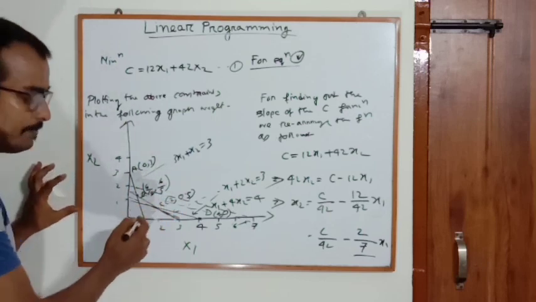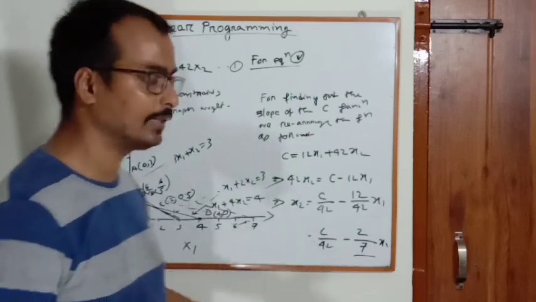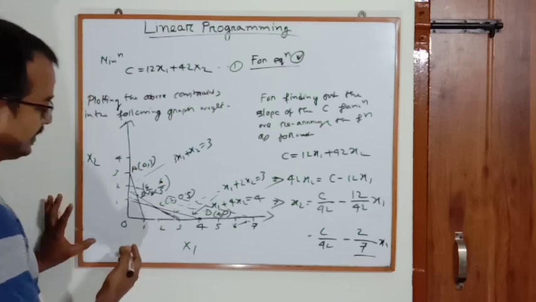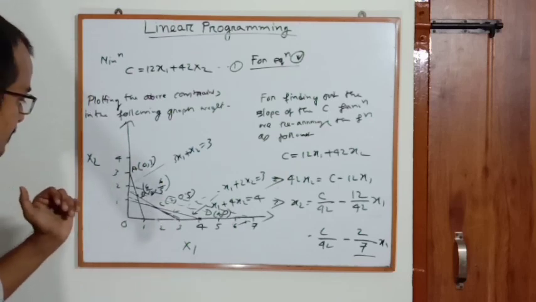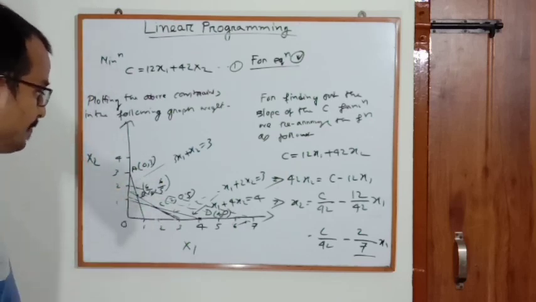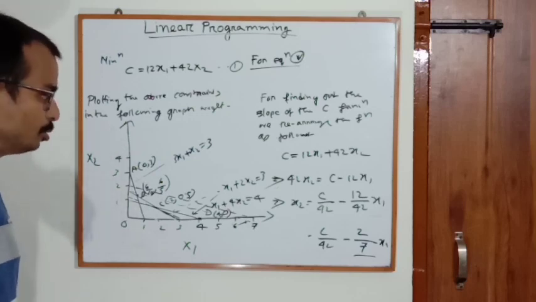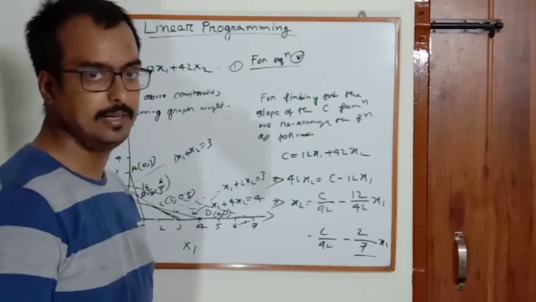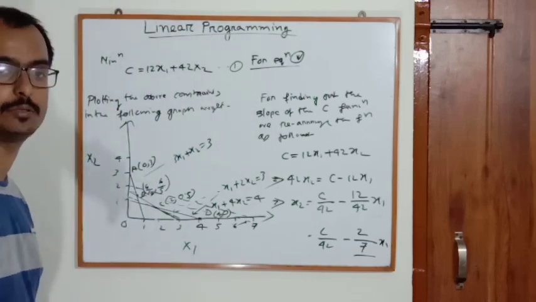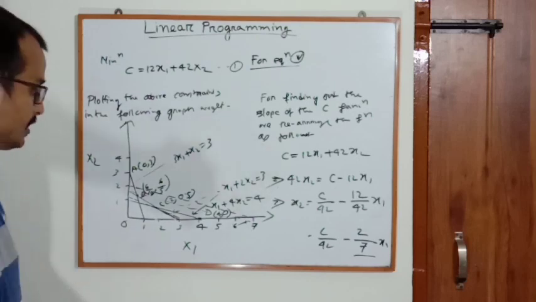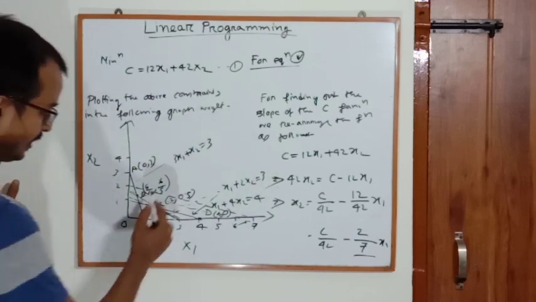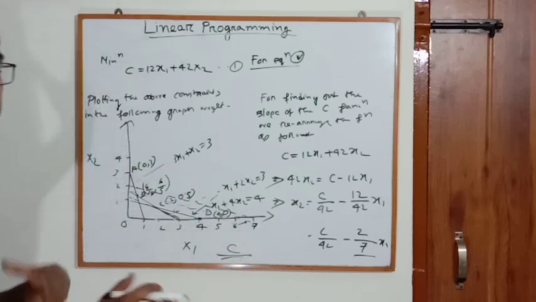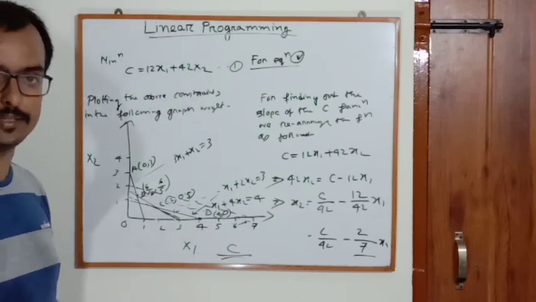So at C, you write your answer like this: since the objective function is tangent or minimum at point C, where x1 is 2 and x2 is 0.5, these values of x1 and x2 are minimizing the objective function. So we get our solution, that is point C.